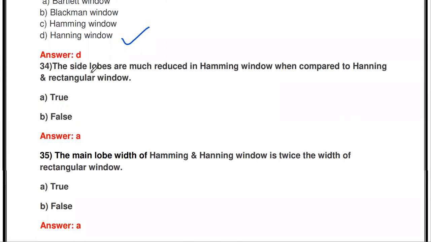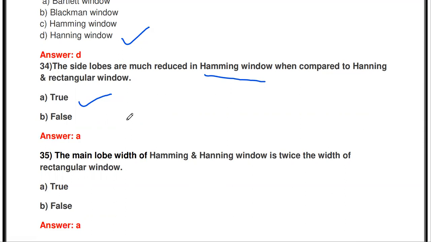The next question: the side lobes are much reduced in the Hamming window when compared to the Hanning and rectangular windows. It's true. In the rectangular window, more side lobes are there, and side lobes are unwanted. In the Hanning window, the side lobes are somewhat reduced, but in the Hamming window the side lobes are much reduced.